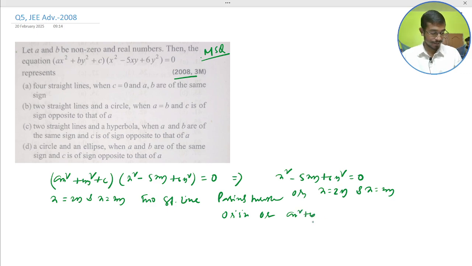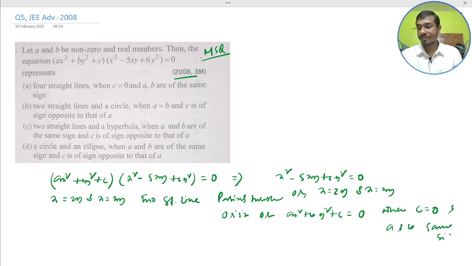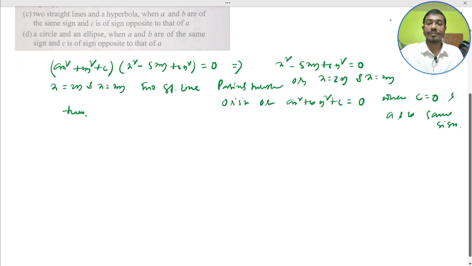the x square plus by square plus c equal to 0. When c equal to 0 and a and b are of the same sign, then this is somehow a theoretical question.